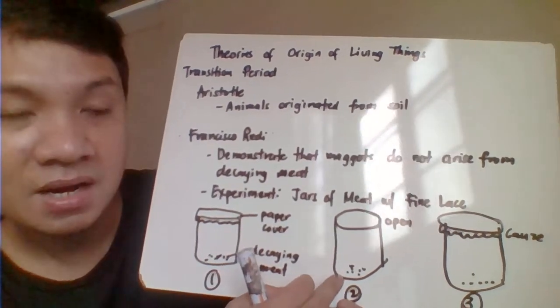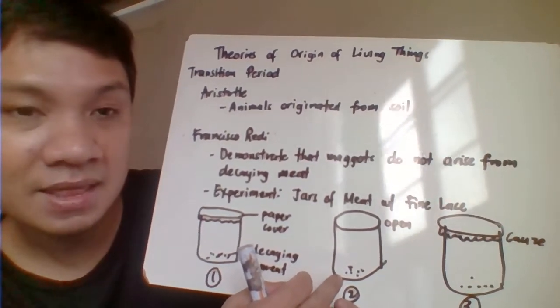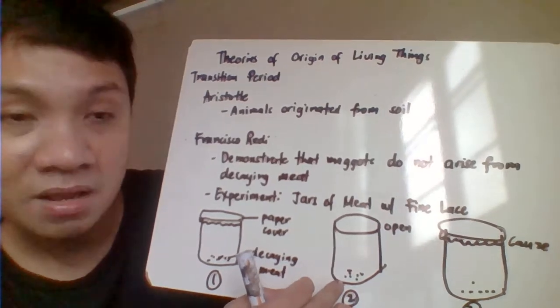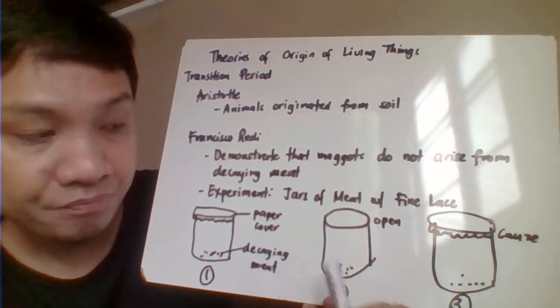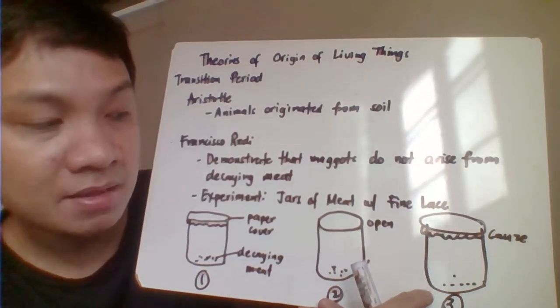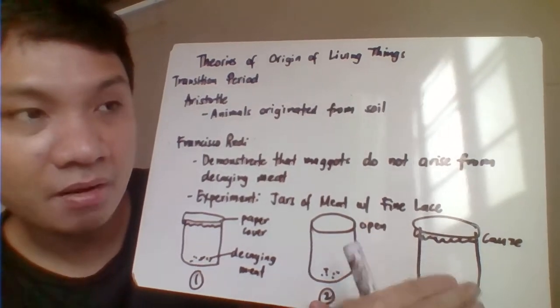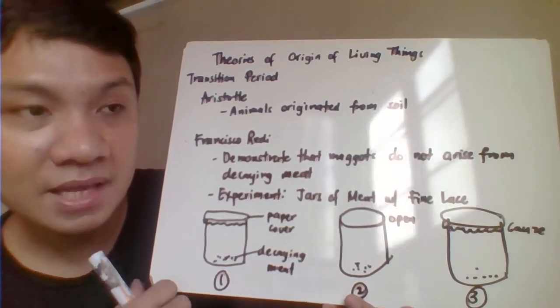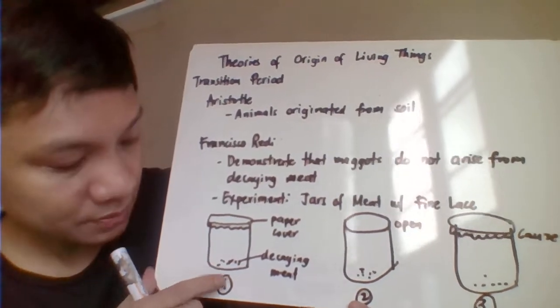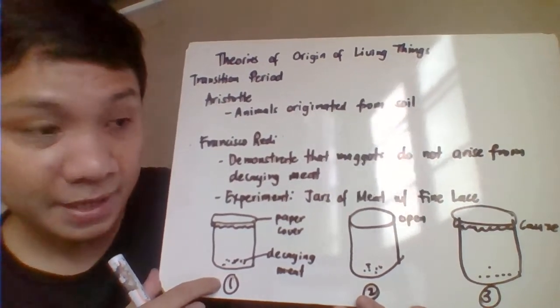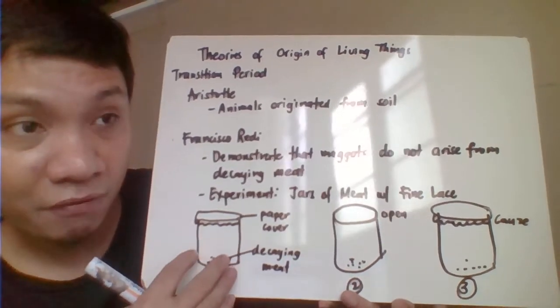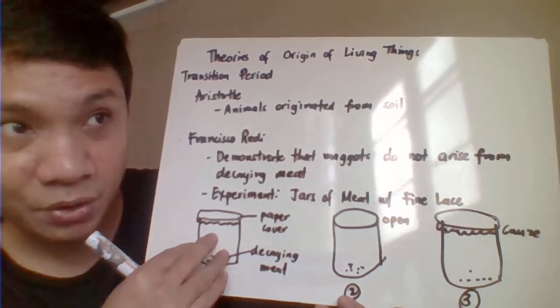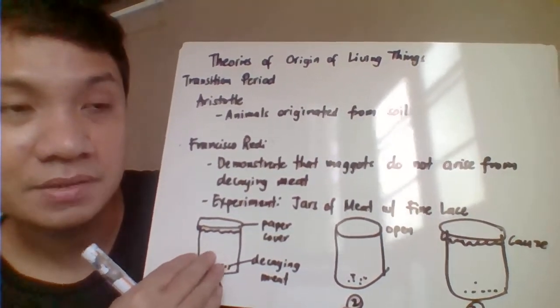And we have also the second jar, which is left open with the decaying meat. The third one, you have your decaying meat, and this one is covered by a gauze pad. Okay, so after several days, what are you expecting here? This one, since it is fully covered by the seal, walang nag-grow na maggot on this one.